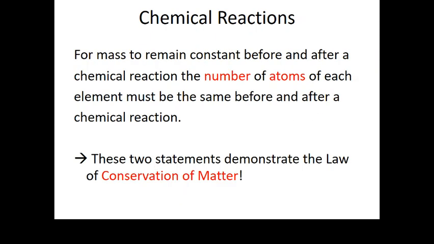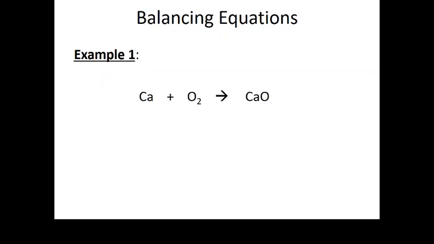For mass to remain constant before and after a chemical reaction, remember the number of atoms of each element must be the same before and after a chemical reaction. These 2 statements demonstrate the law of conservation of matter. So please join me in the next video as we're going to balance some chemical equations.